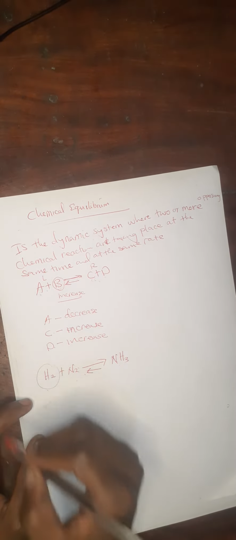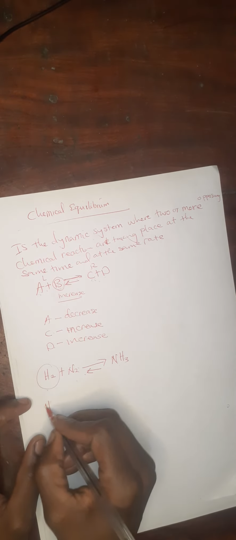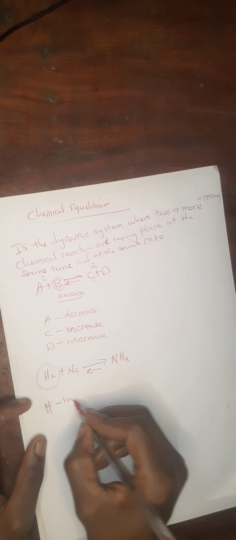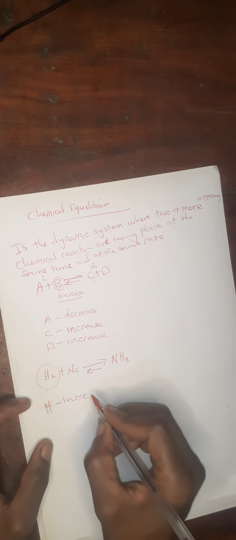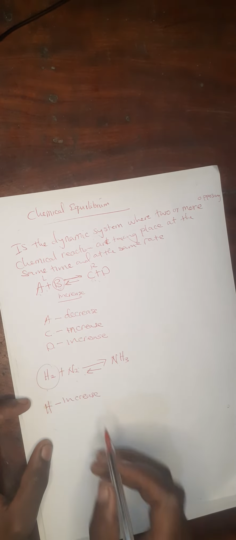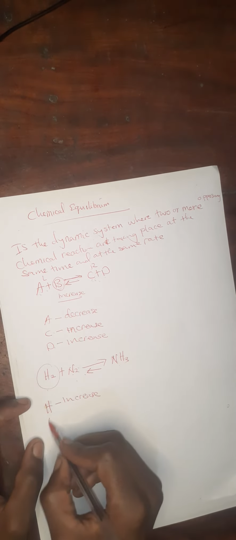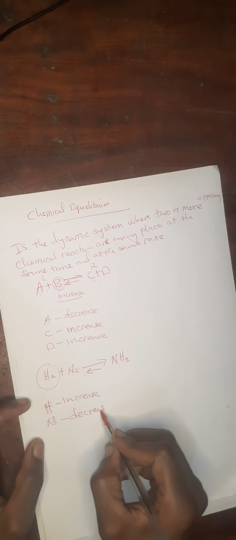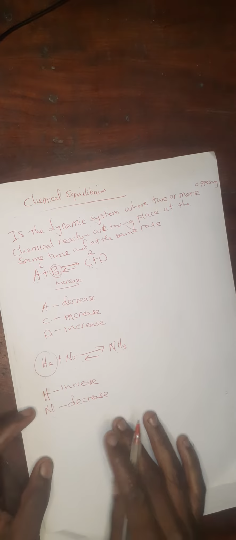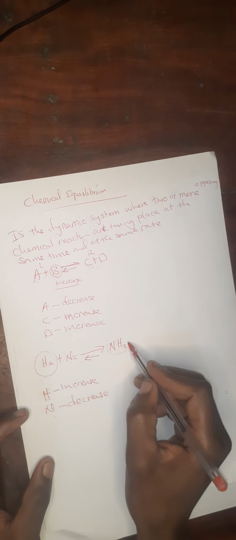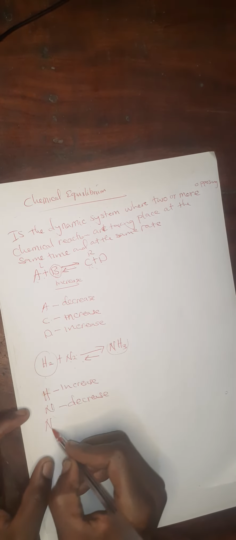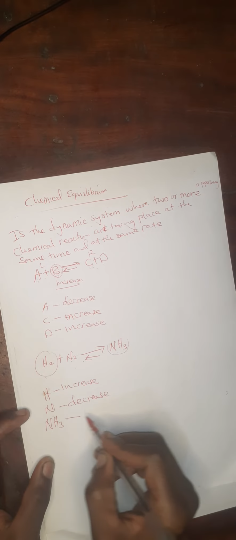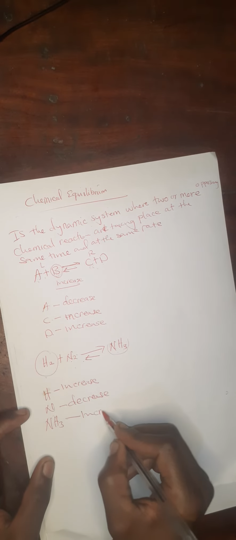So when you increase the concentration of hydrogen in this reaction, you are going to have the nitrogen decrease. Then the rate at which the product, ammonia, NH3, is being produced will also increase.